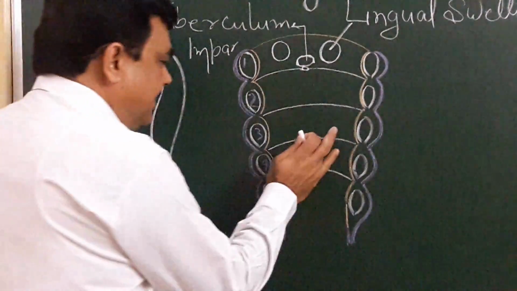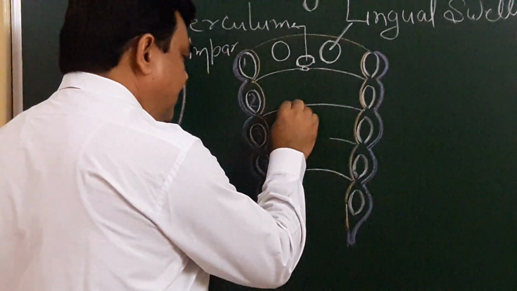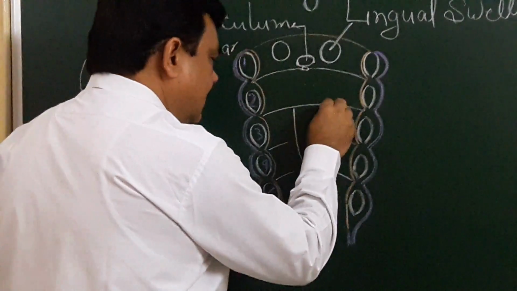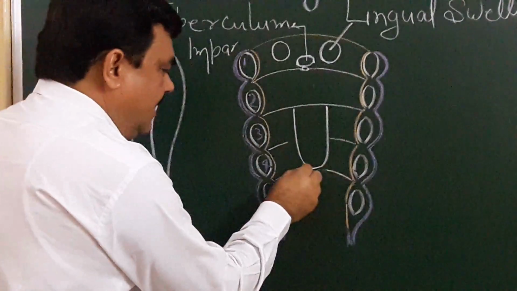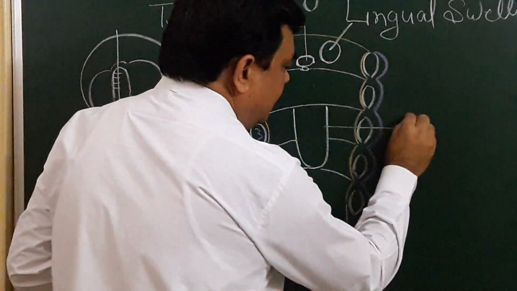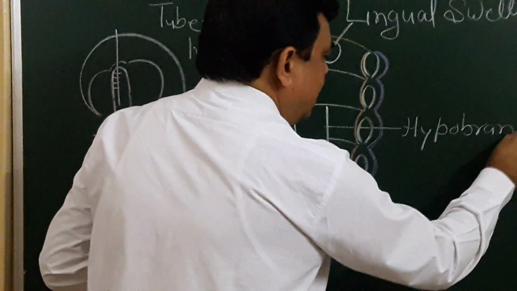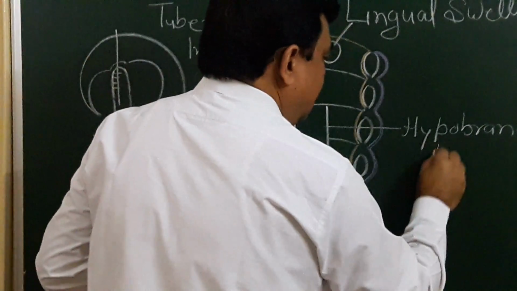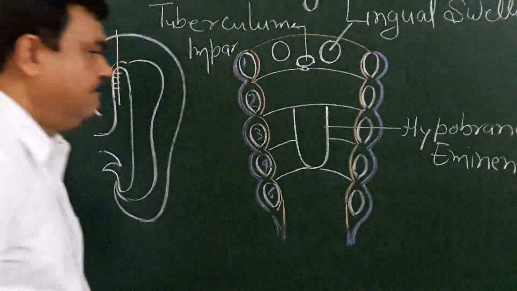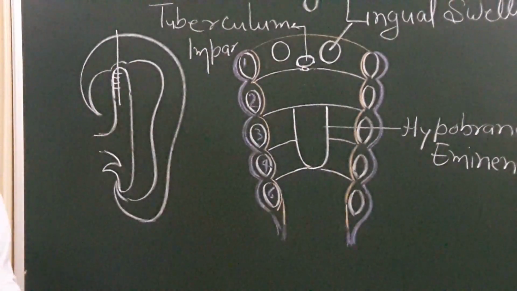And another thing which appears here is the hypobranchial eminence. So these structures form the tongue.